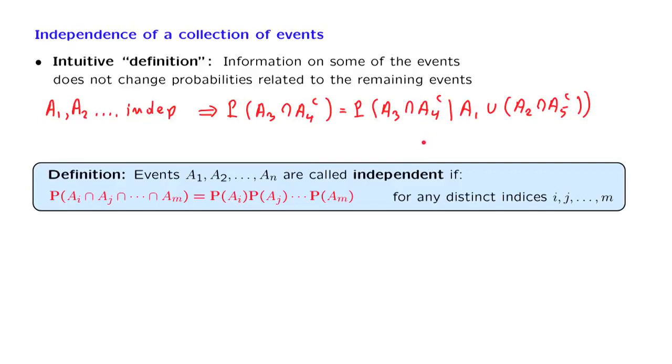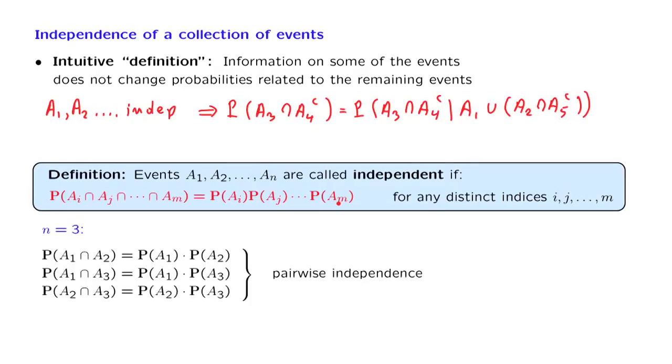We will say that a collection of events are independent if you can calculate probabilities of intersections of these events by multiplying individual probabilities. And this should be possible for all choices of indices involved and for any number of events involved. Let us translate this into something concrete. Consider the case of three events, A1, A2, and A3.